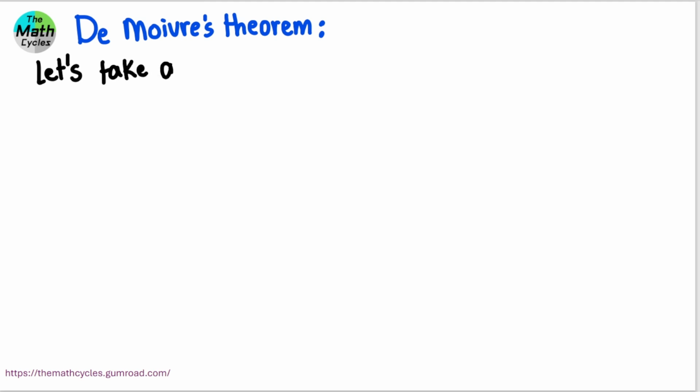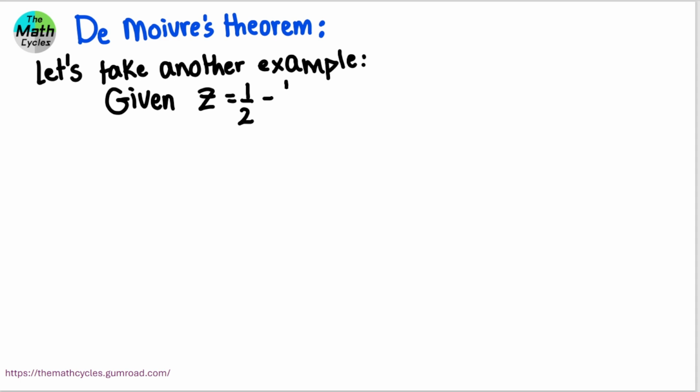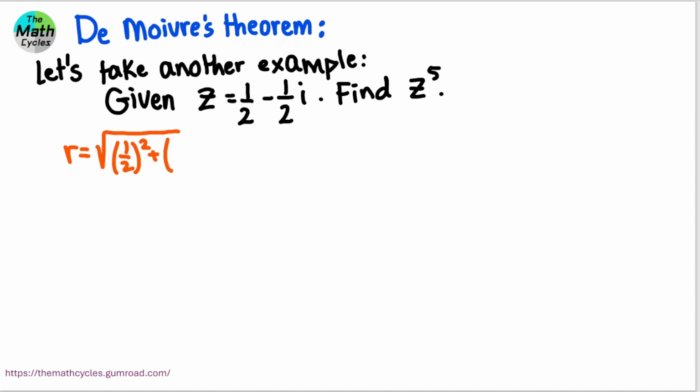Let's take another example. Given z equals half minus half i, let's find z to the power of 5. r equals the square root of half squared plus minus half squared, which equals radical 2 over 2.